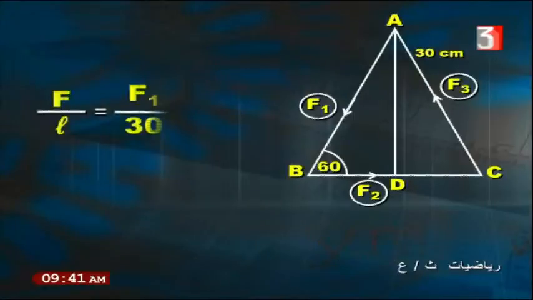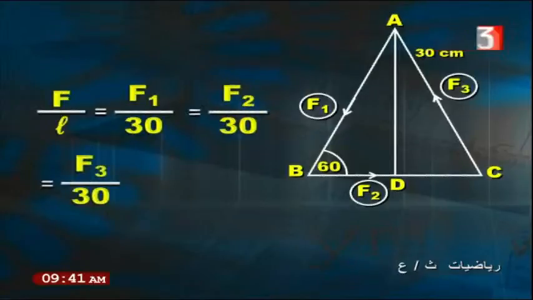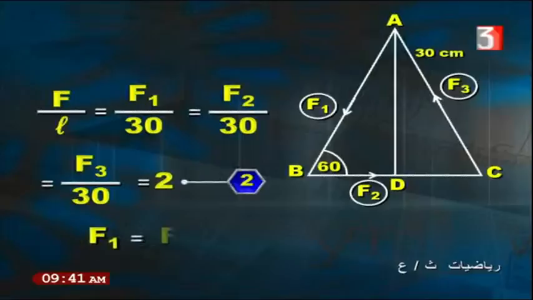What do you mean? F1 over 30 equals F2 over 30 equals F3 over 30. Each one equals 2.